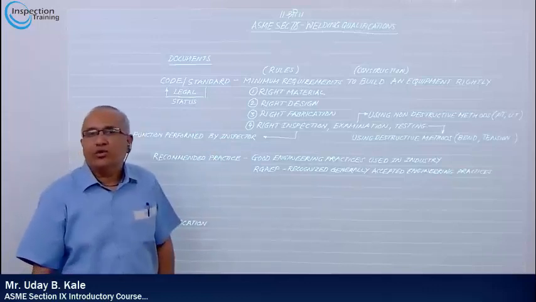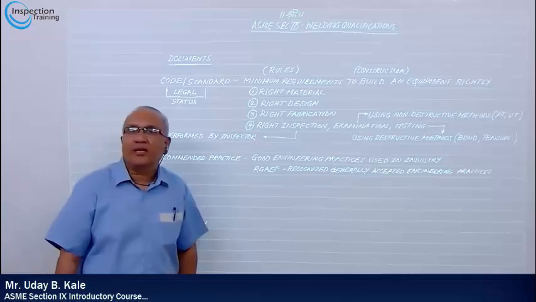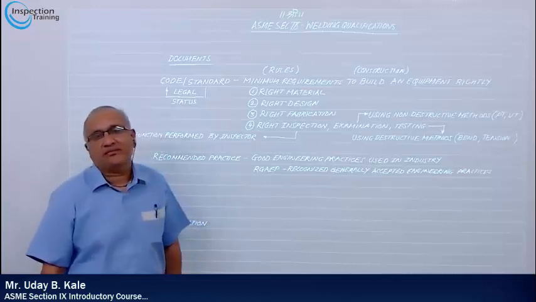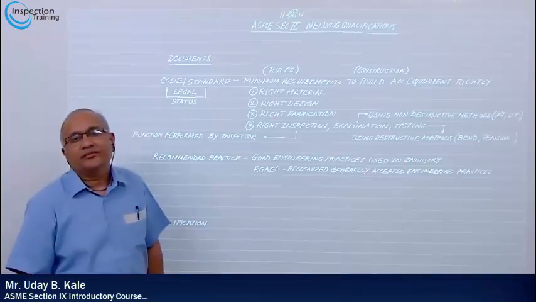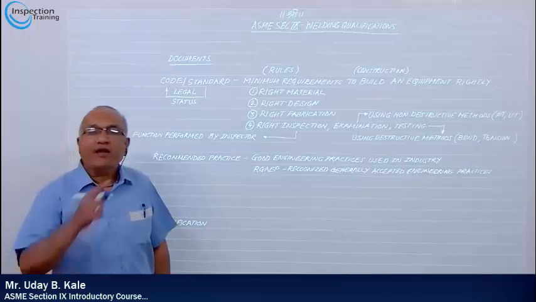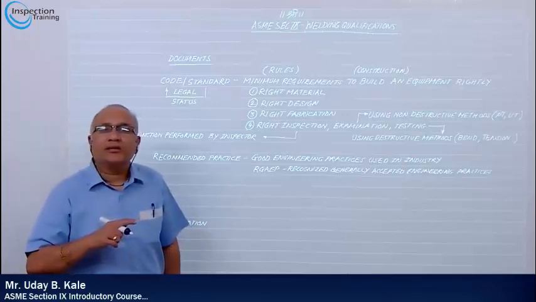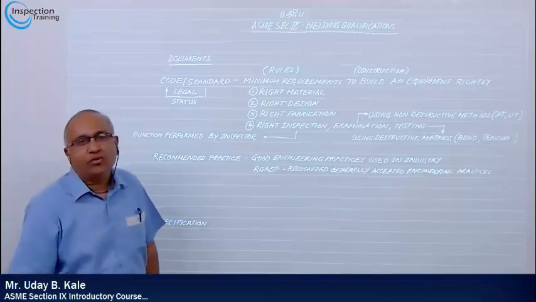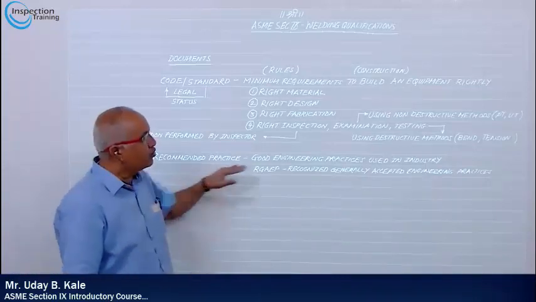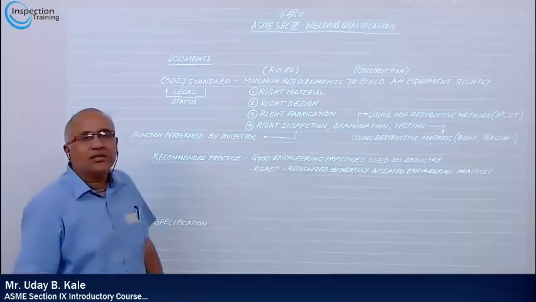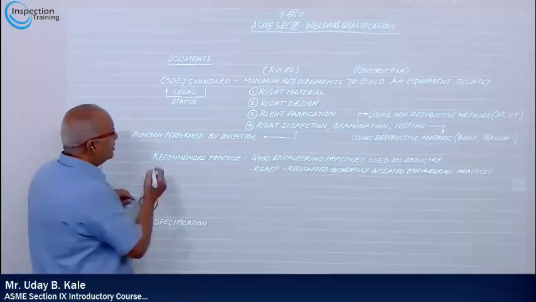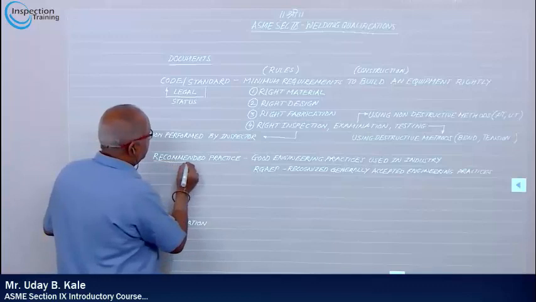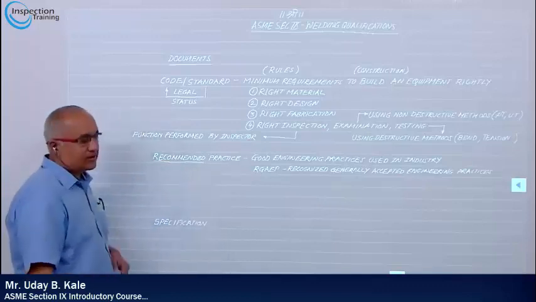It gives you rules for maintaining the equipment which is in service. API 572 is the document that gives you how to do it. So recommended practices are good engineering practices used in industry. What comes from recommended? Good practices.